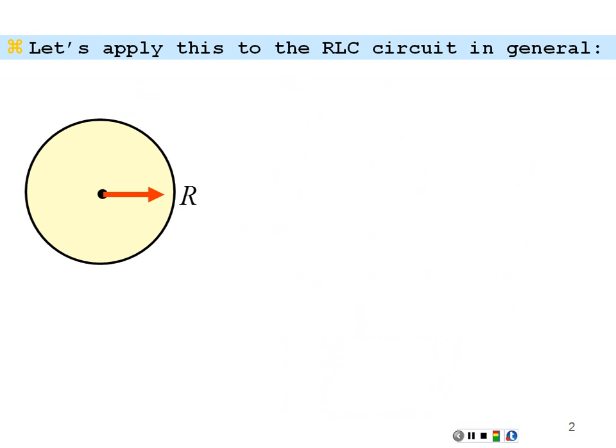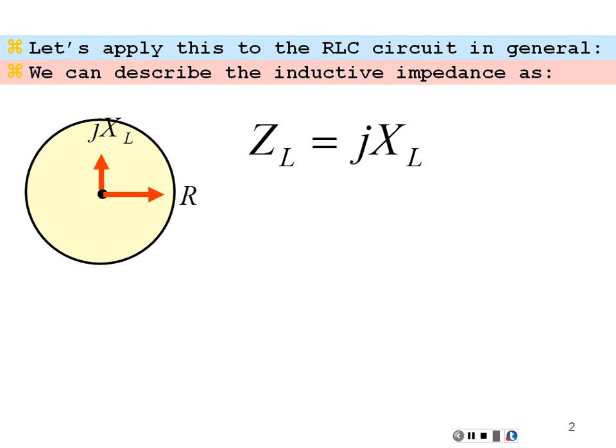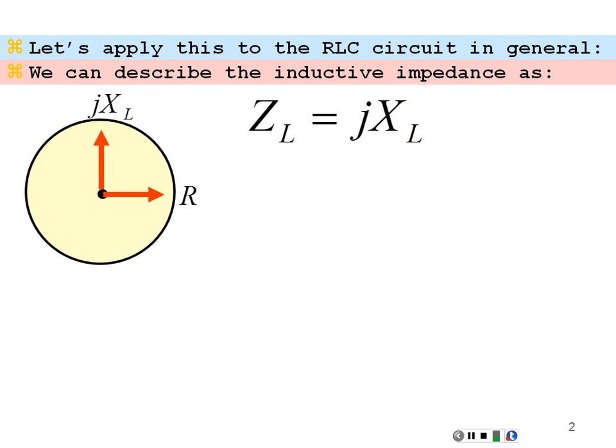Let's apply this to the RLC circuit that we have. We can describe the resistance as simply a vector, but then the inductive impedance would be the reactance of the inductance with this J operator, giving it a 90-degree phase in relation to the resistance and the current.